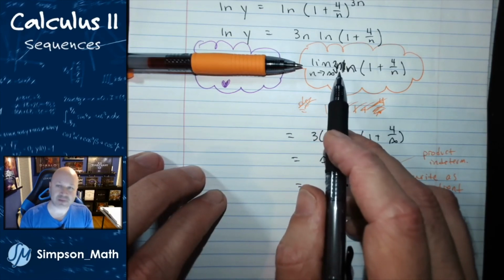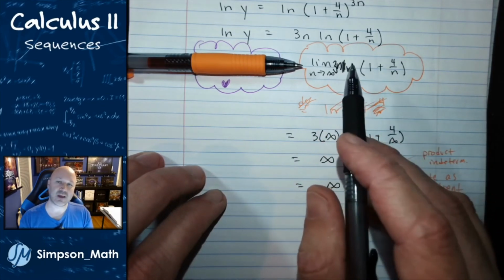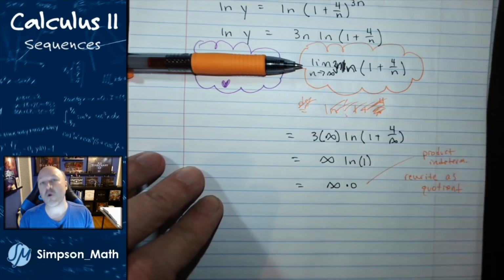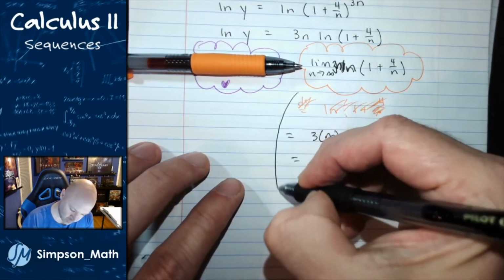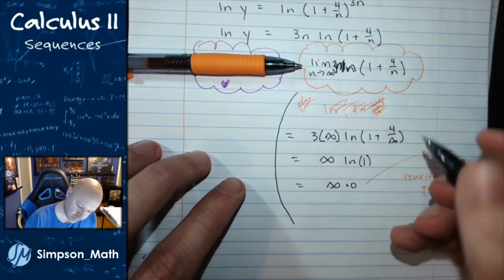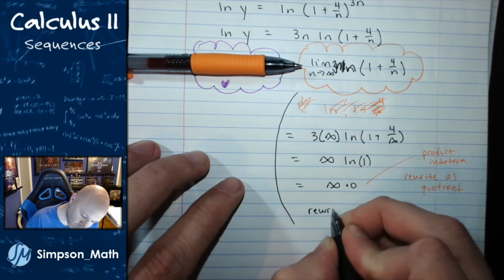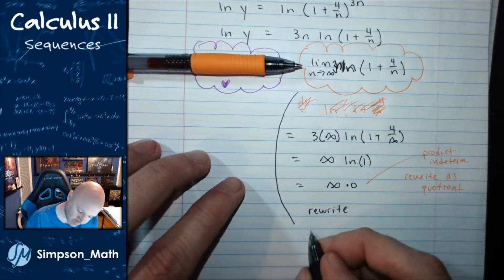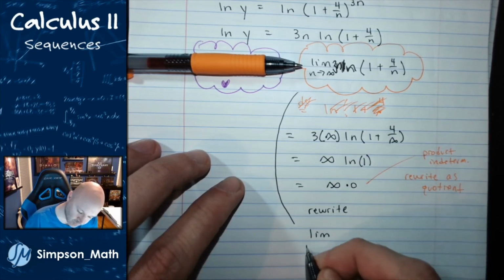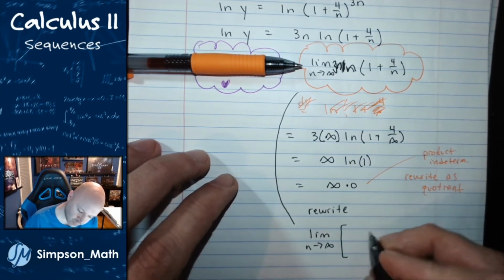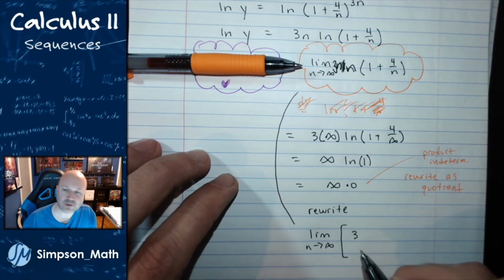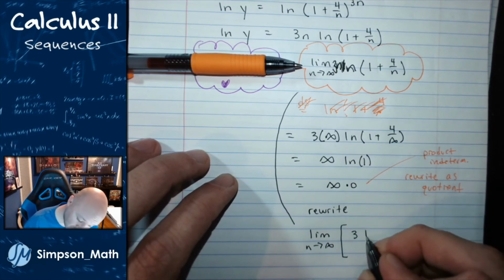Instead of 3 times n times the natural log, I'm going to say 3 times the natural log over n to the power of negative 1. Oh, I could just pull the 3. Oh well, let it in there.